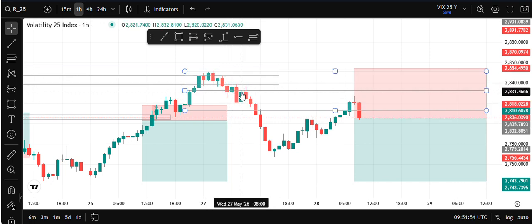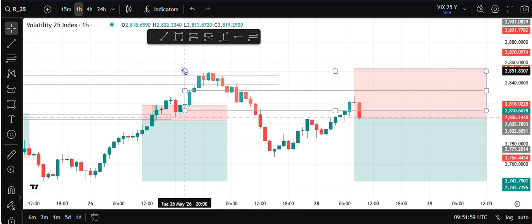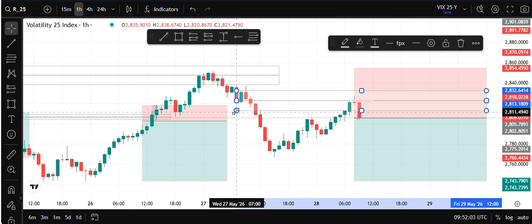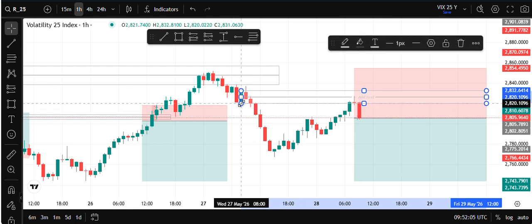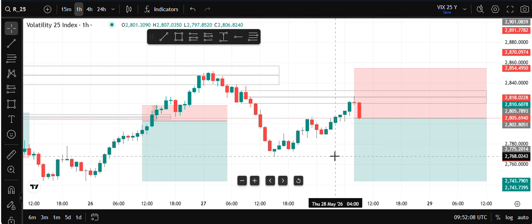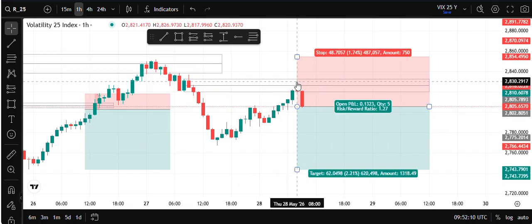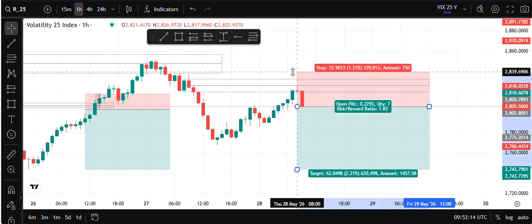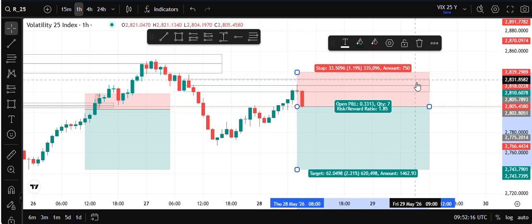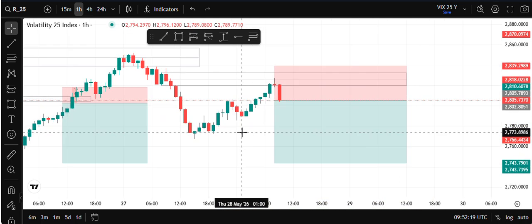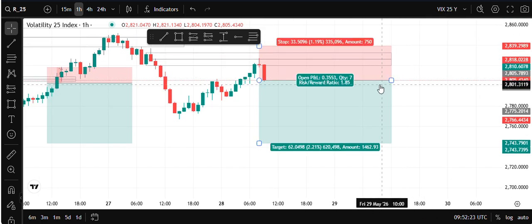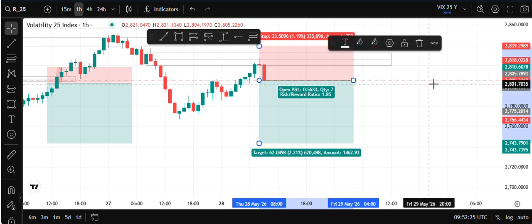This has currently been mitigated, which gave us this particular entry here. So you could adjust the SL to this level and leave it as it is. We'll see how this particular trade goes.